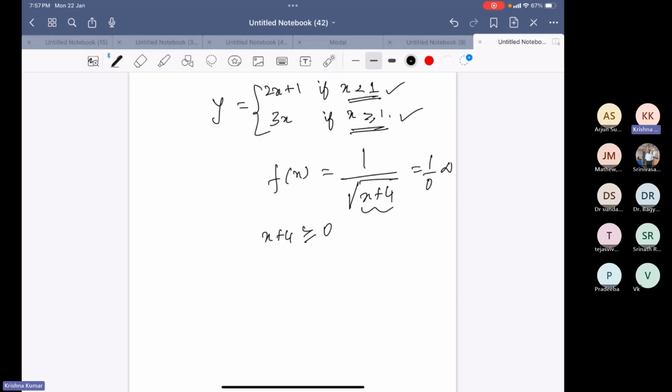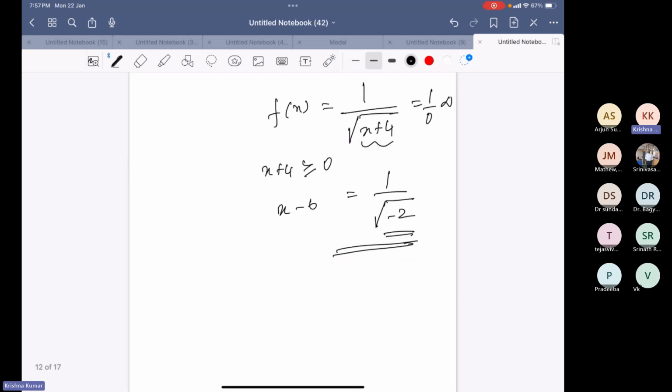So, in other words, if x is equal to minus 6, what would happen to this root of minus 2? As of now, we have not defined what is the square root of a negative number. We have not introduced it. So, for the time being, we do not even know how to calculate it.